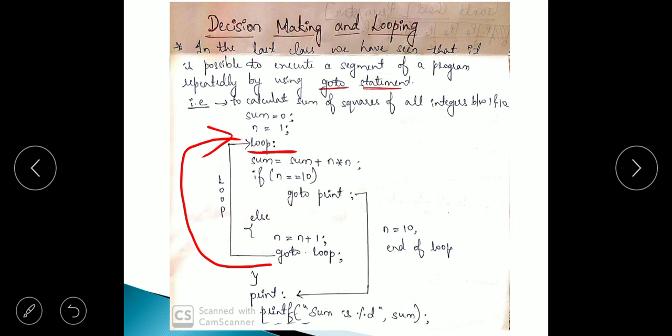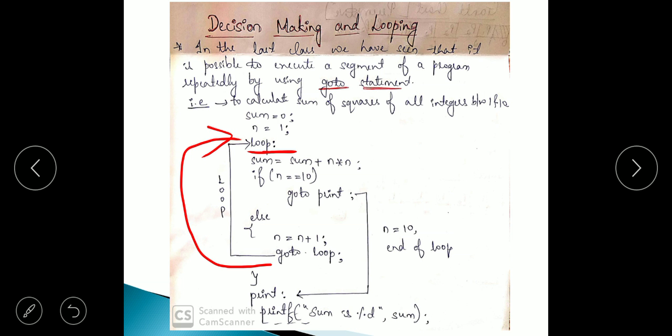Again in the next condition we are going to check whether n is equal to 10. Is n equal to 10? No. What is the new value of n? It is 2, so n is not equal to 10, that's why we are not going to execute the go to statement, right?